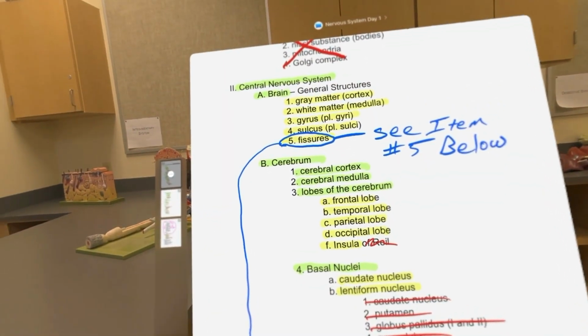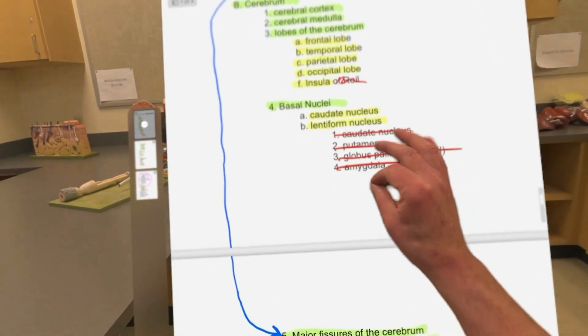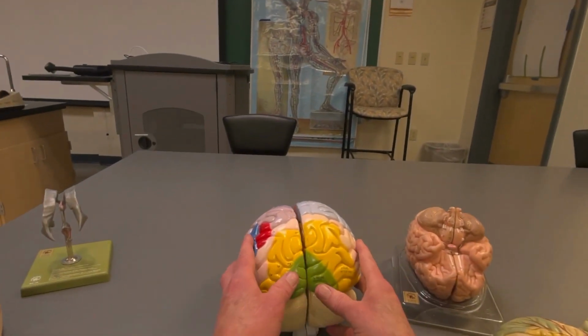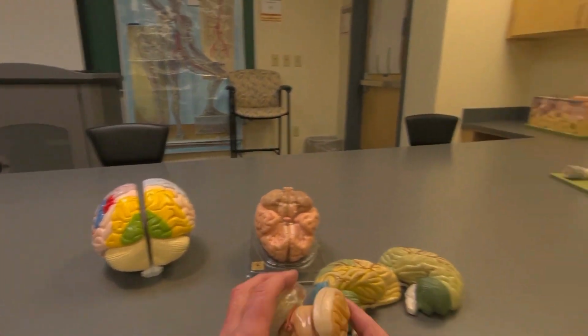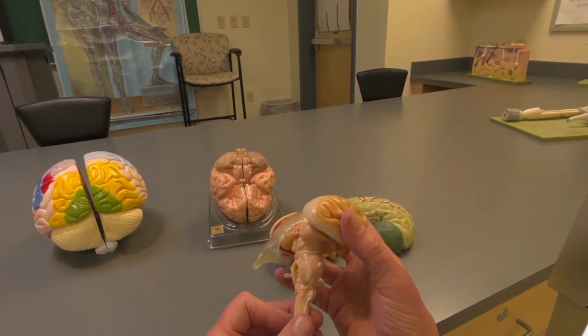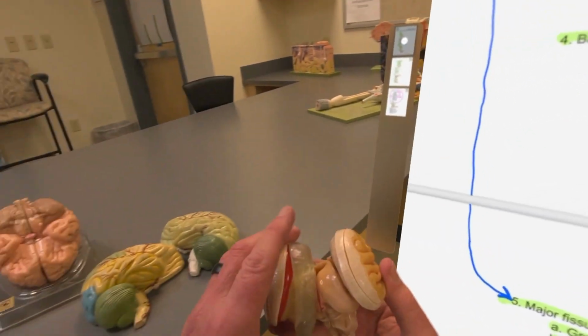Let's next take a look at the basal nuclei. Now, basal nuclei are a little interesting. We have to go to this brainstem model. This brainstem model shows us several things, and we'll focus on several things. I'm going to take this off.